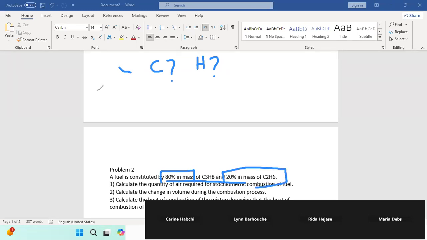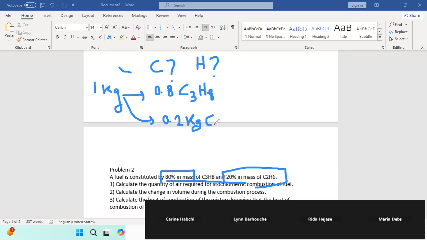So if we have 1 kilogram of fuel, this 1 kilogram of fuel will contain 0.8 kilogram of C3H8 and 0.2 kilogram of C2H6.